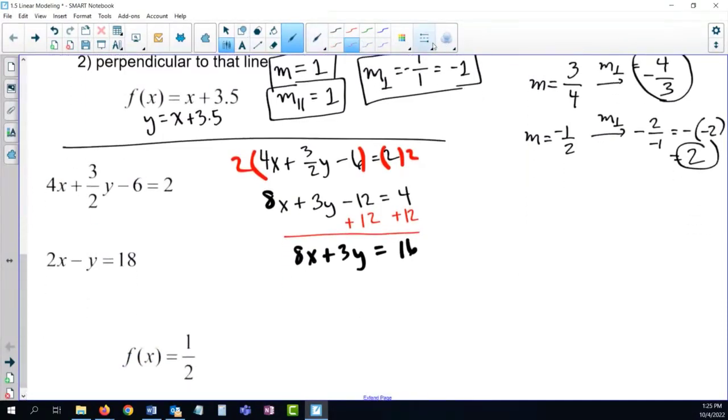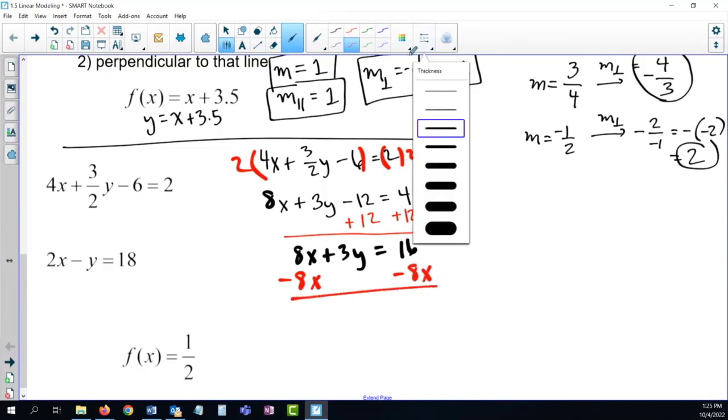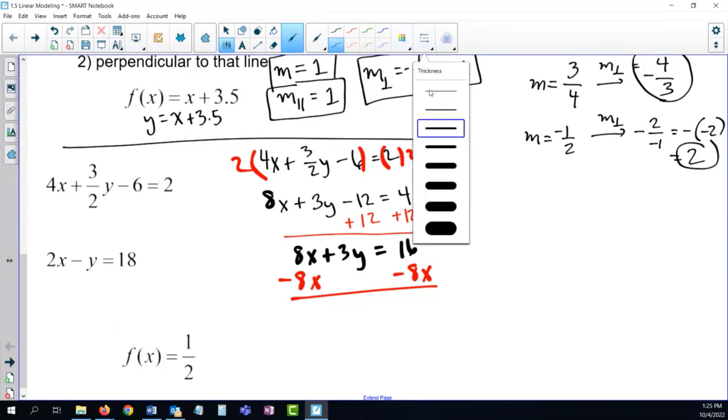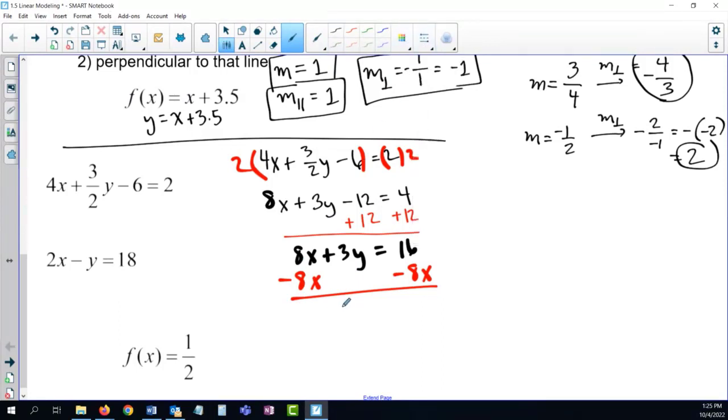Okay, we're getting there. It's a slow process. Everything with a y has to go to one side, everything without a y goes to the other side. So subtract 8x from both sides. And now I'm looking at 3y is equal to negative 8x plus 16.